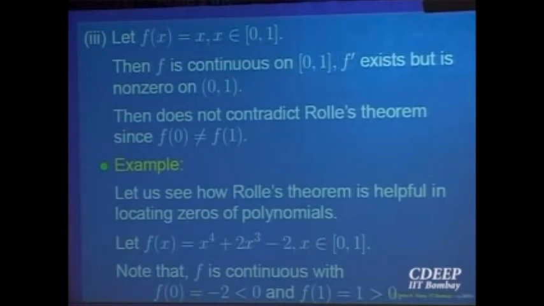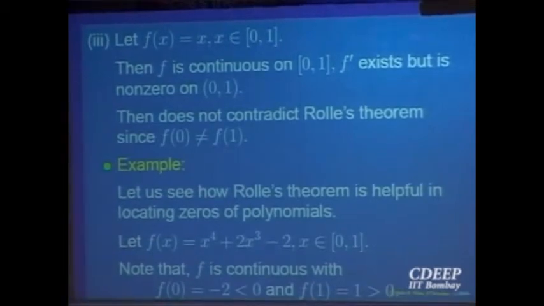So at the left hand point 0, the value is negative. At the right hand point the value is positive, and it is a polynomial, so this is a continuous function. The intermediate value property says that if the function takes any two values, then it takes every value in between.